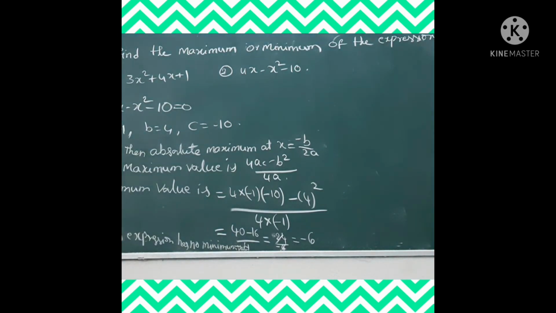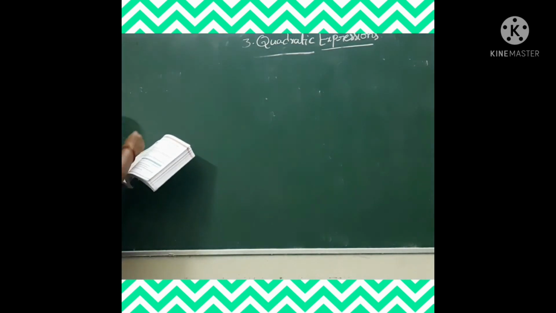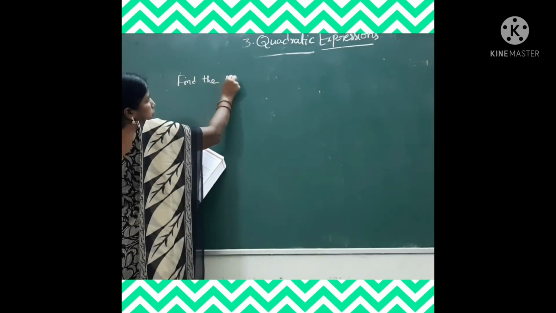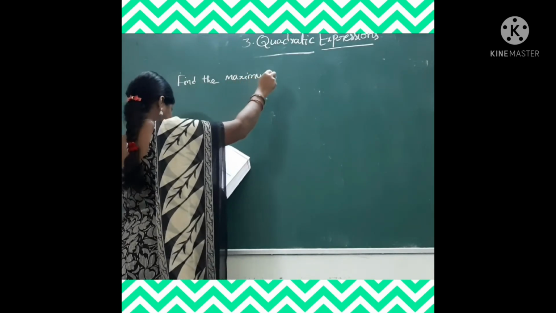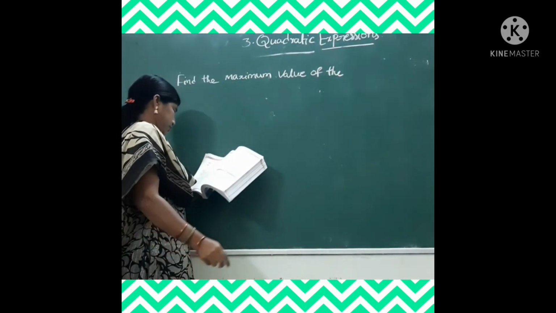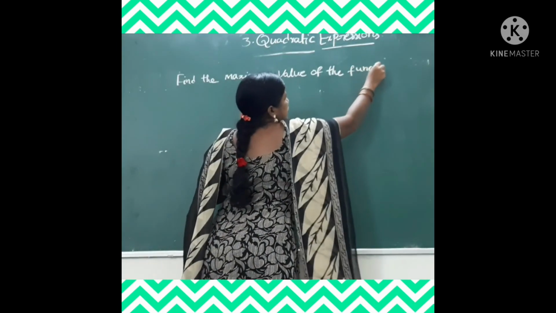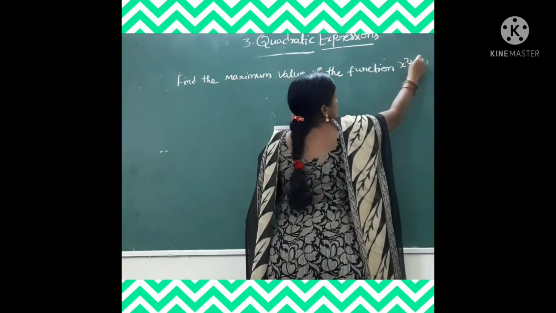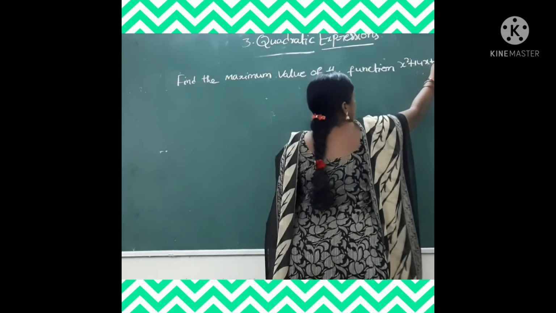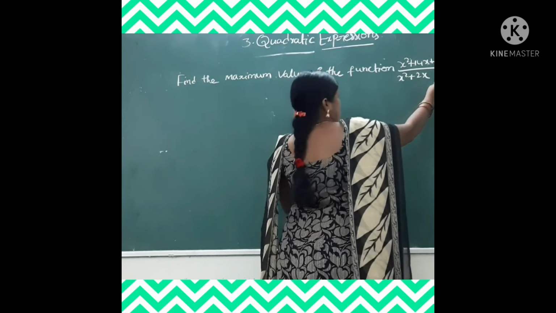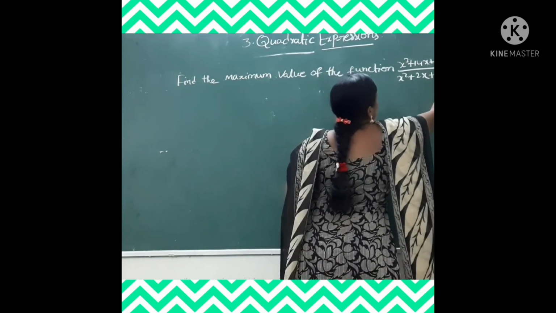Okay, next one is an example sum. Find the maximum value of the function x square plus 14x plus 9 by x square plus 2x plus 3 over all.